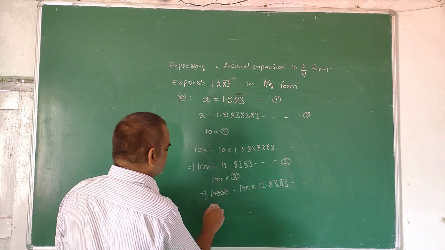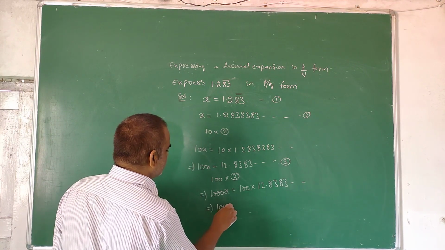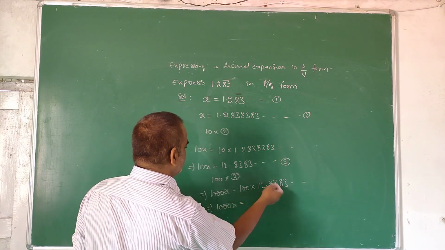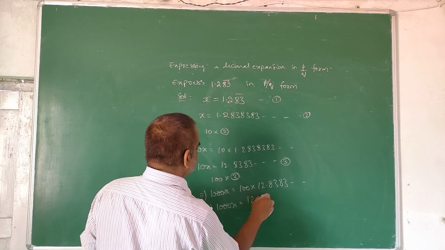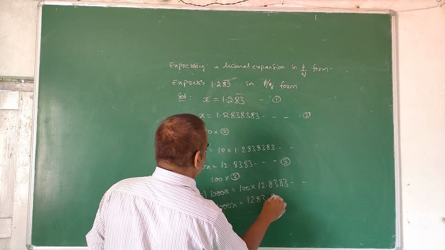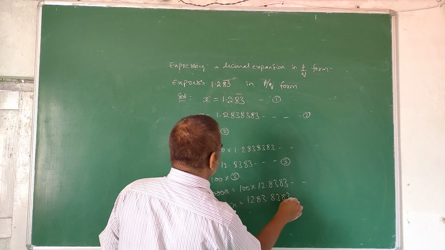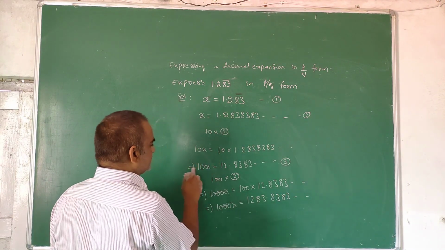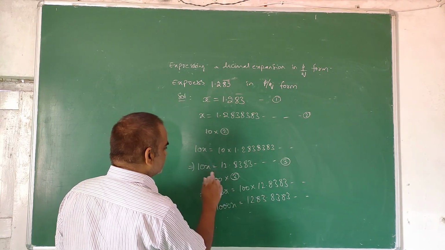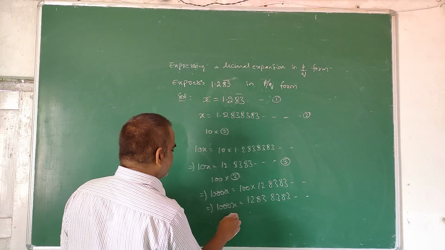Are you following? So this implies 1000x is equal, now 2 digits jump, 1283.838383 and so on. Now take this 10x which you got in equation 3, please take it here.